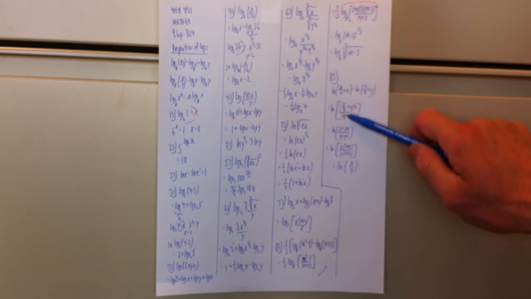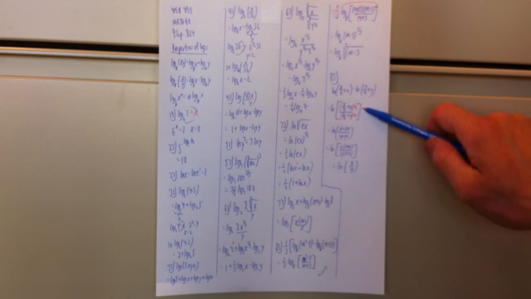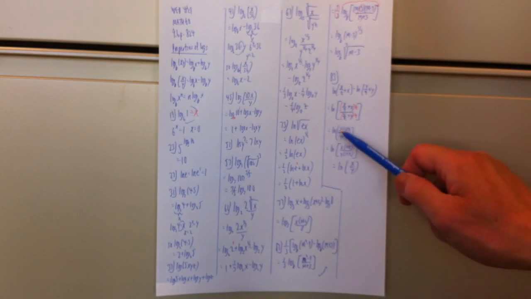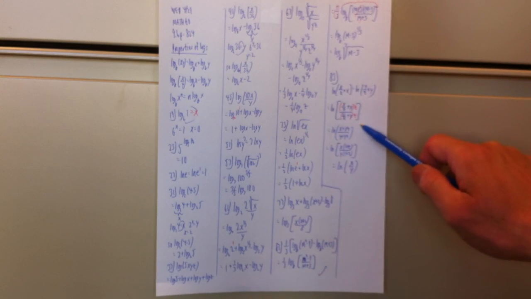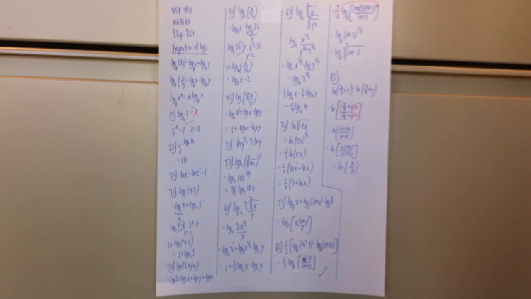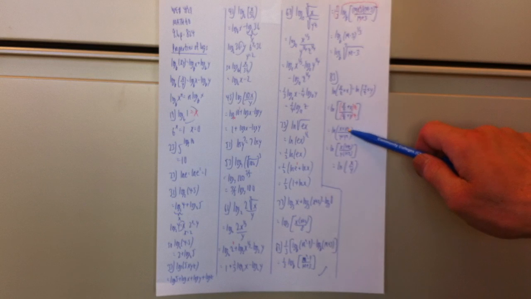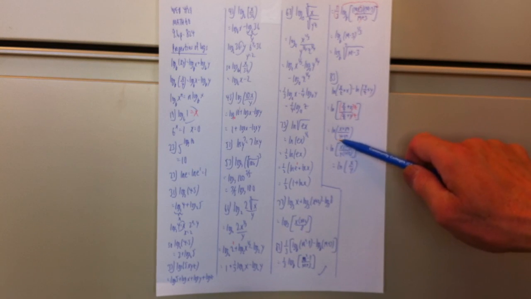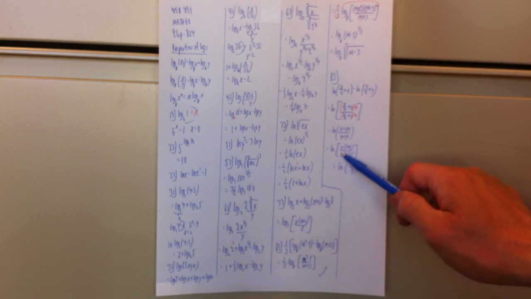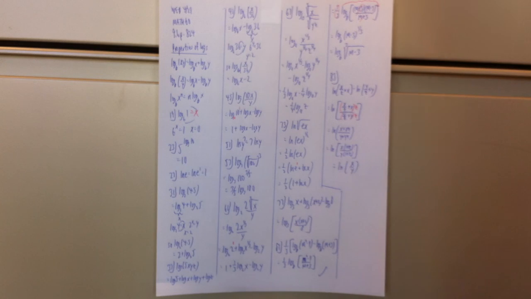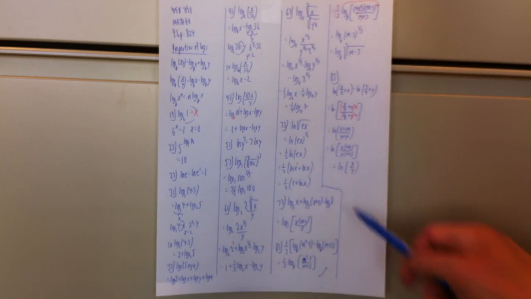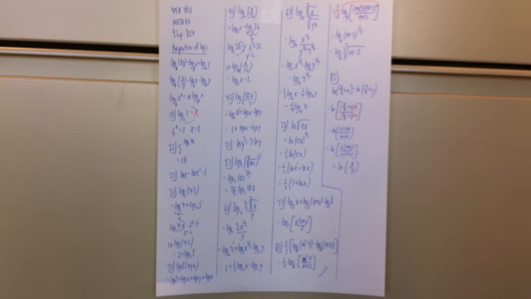So the common denominator here would be z, so I multiply the top and the bottom by z. So I now have ln of, z's cancel, x plus xz, and on the bottom, again, z cancels out, y plus yz. And then I can factor an x out of the top, and I can factor a y out of the bottom. So it's ln x times 1 plus z over y times 1 plus z. Very conveniently, the 1 plus z's cancel out, so my final answer is ln x over y.